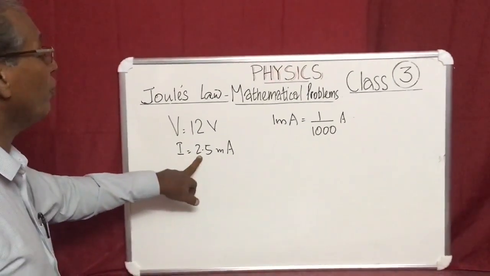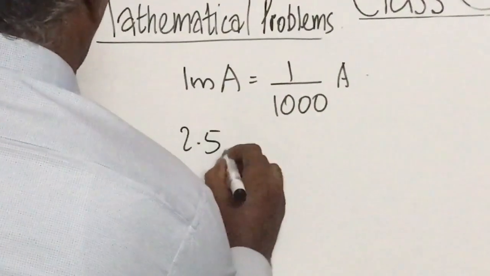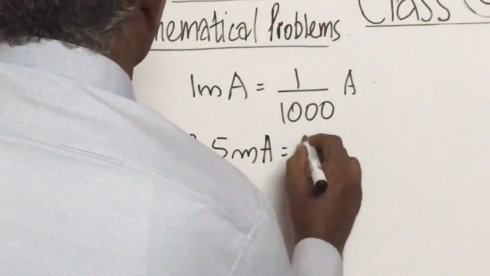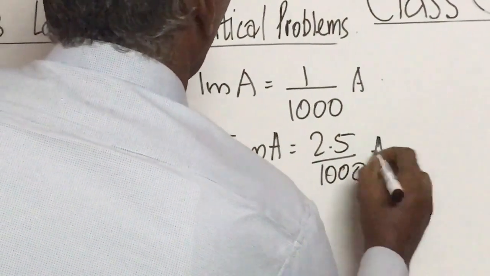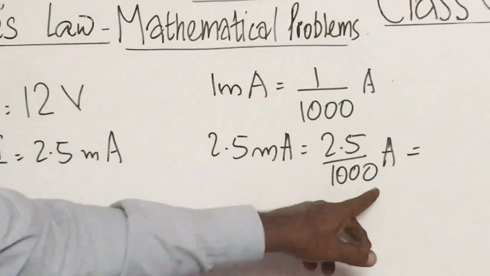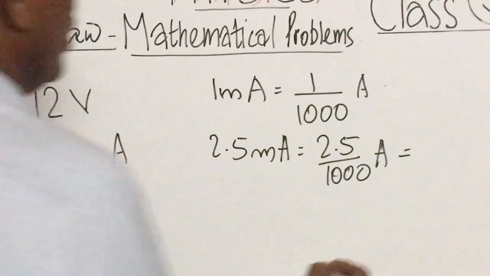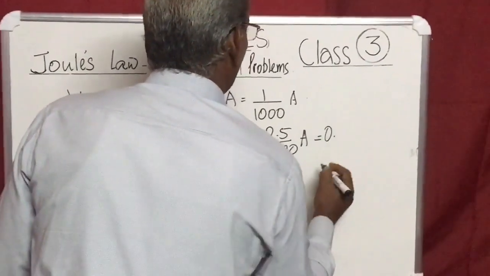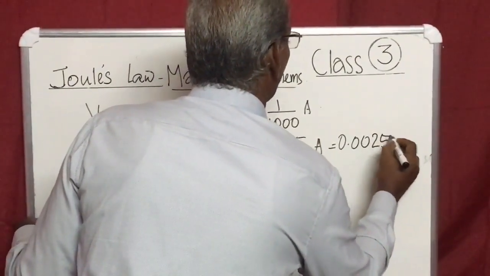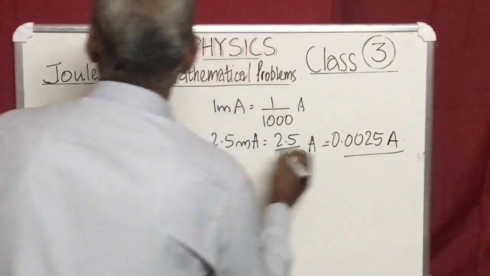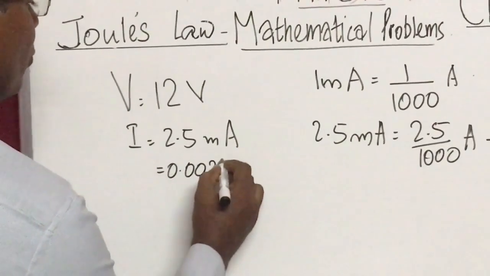So what about 2.5 milliampere? 2.5 milliampere is equal to 2.5 by 1000 ampere. As there are 3 zeros, the decimal point moves 3 digits to the left, so it becomes 0.0025 ampere. This we have to write here, 0.0025 ampere.